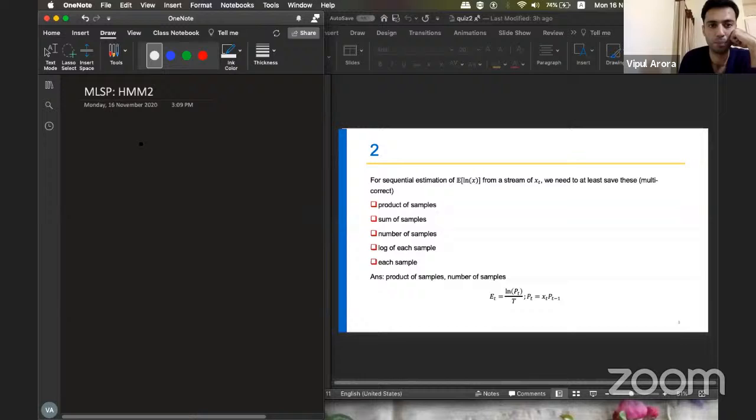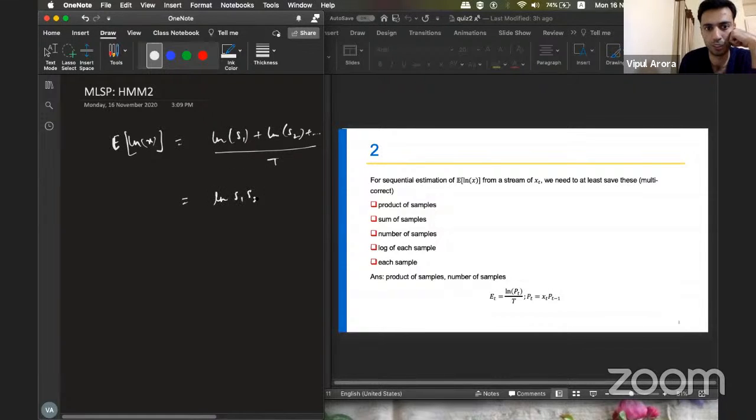Yeah, you have the samples. So your expected value of ln x for these samples will be simply ln of S1 plus ln of S2, and so on up to ln of S_T, divided by capital T. So what is ln of S1 plus ln of S2?